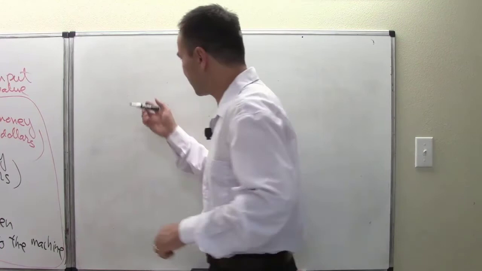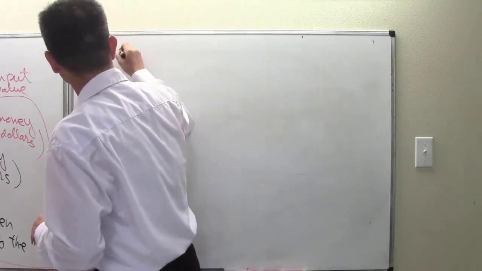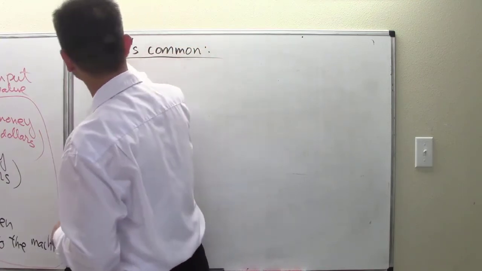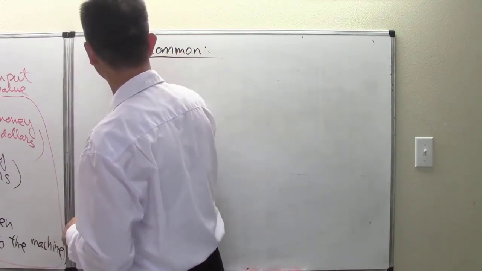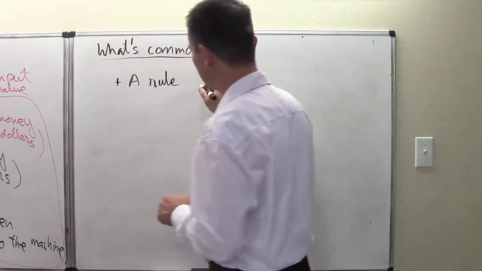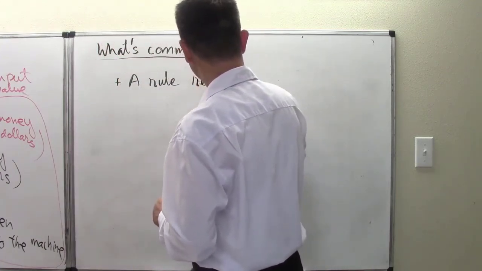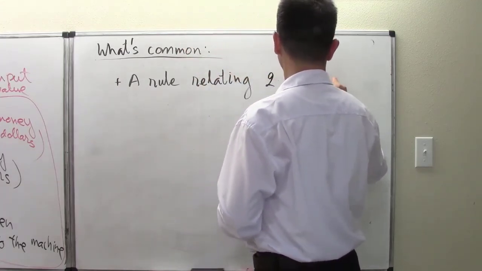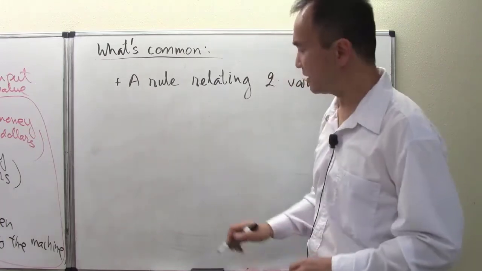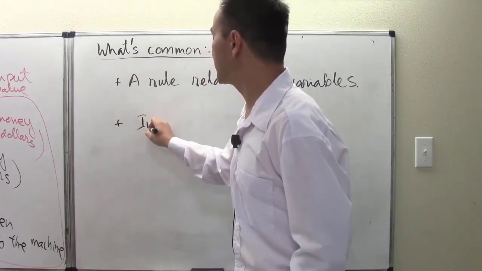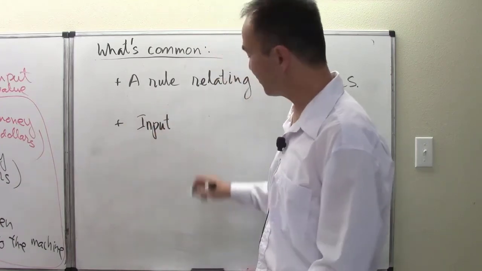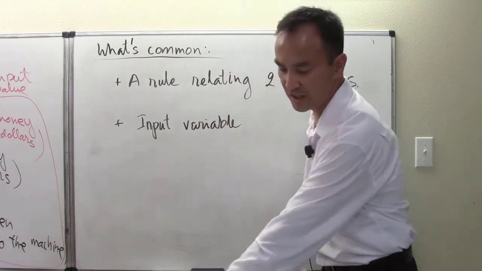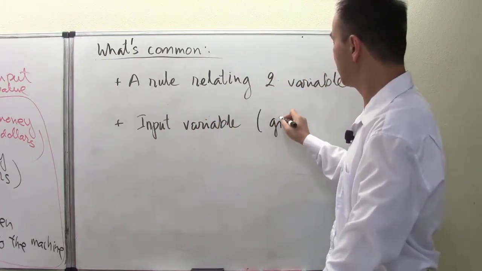I'm now going to write down what's common, and we're going to add on top of that. What's common among the 3 examples? There's a rule relating variables. We knew that. One of those 2 variables is called the input variable, and this value is given in.